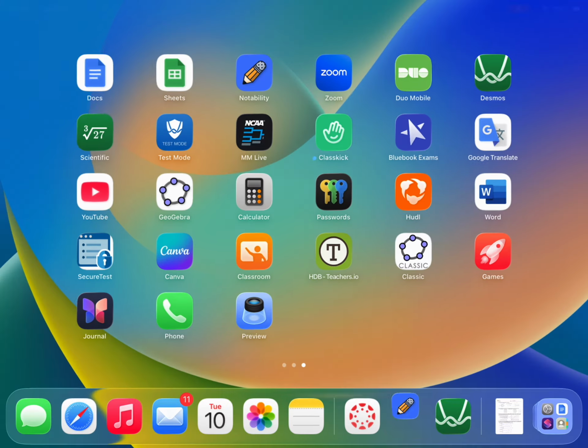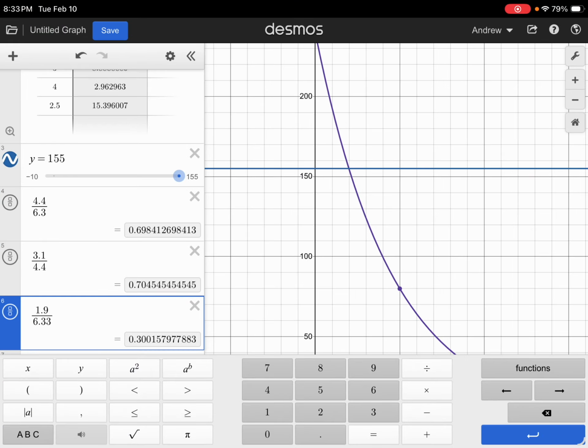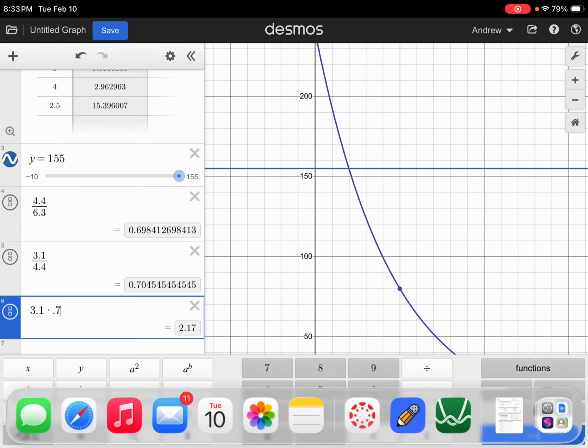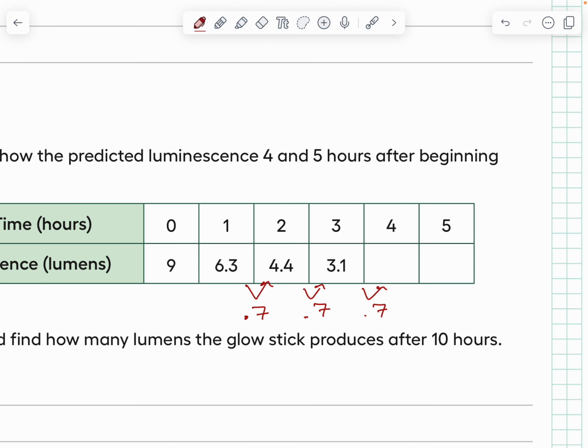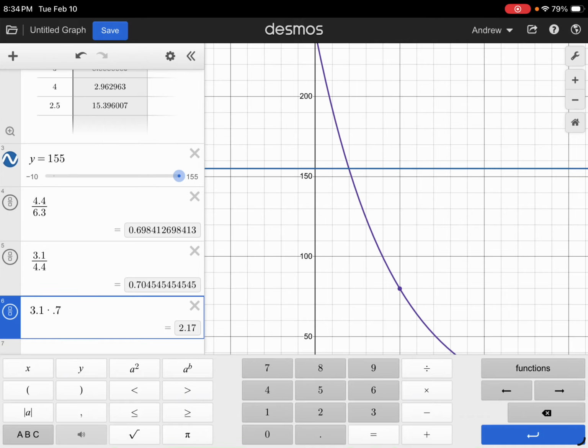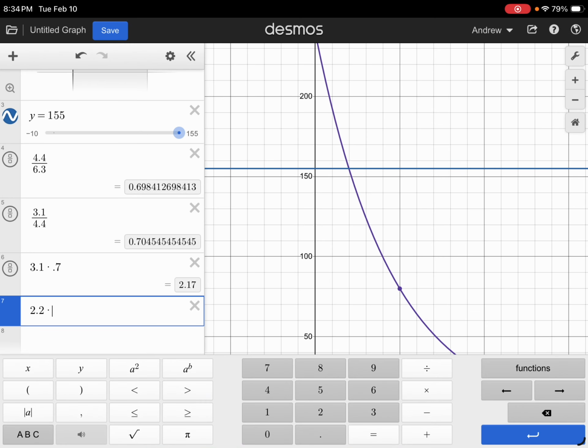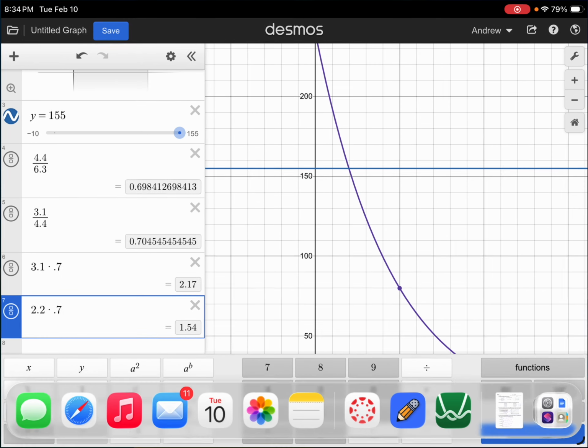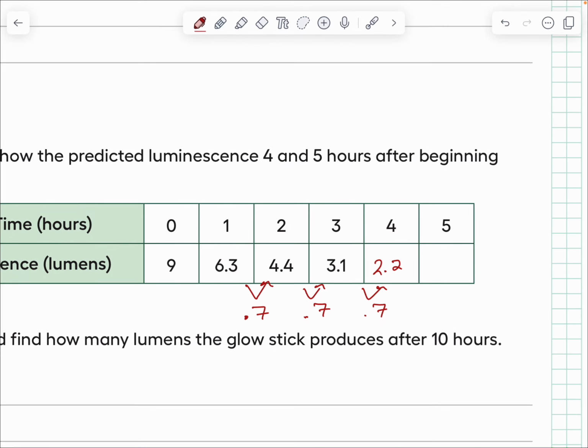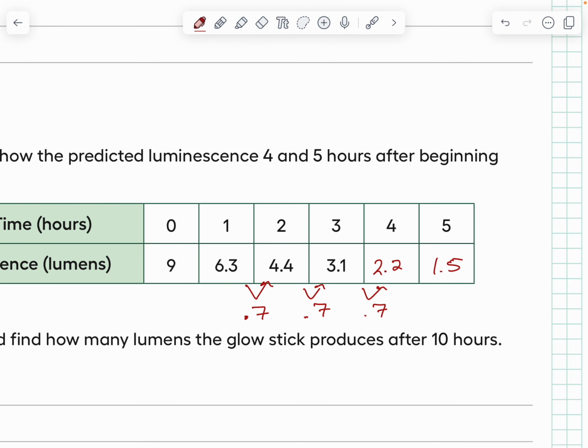So in our calculator, 3.1 times 0.7, which is 2.17, or 2.2 if you want to, okay? And then 2.2 times 0.7, which is 1.54. So about 1.5, we'll just say, okay?